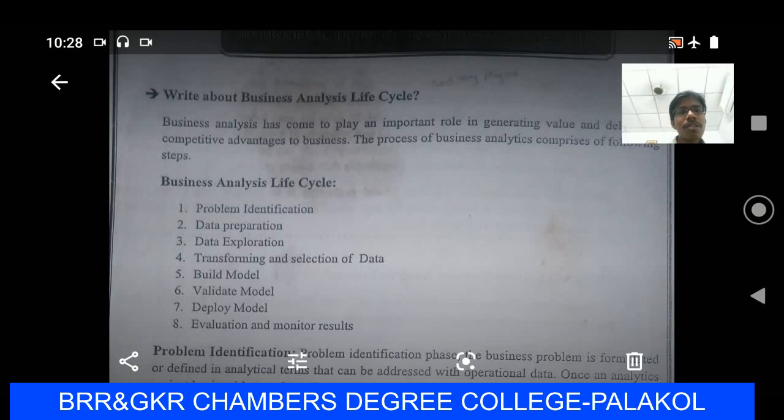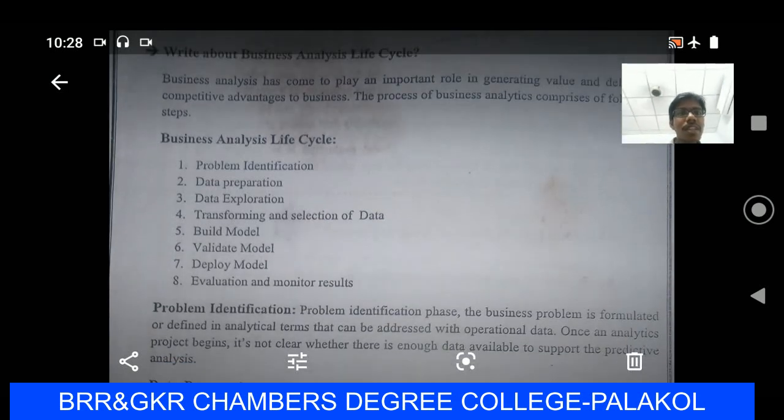Fourth is transformation and selection of data. Next is building the model, sixth is validating the model, seventh is deploying the model, and finally the eighth is evaluation and monitoring of results.